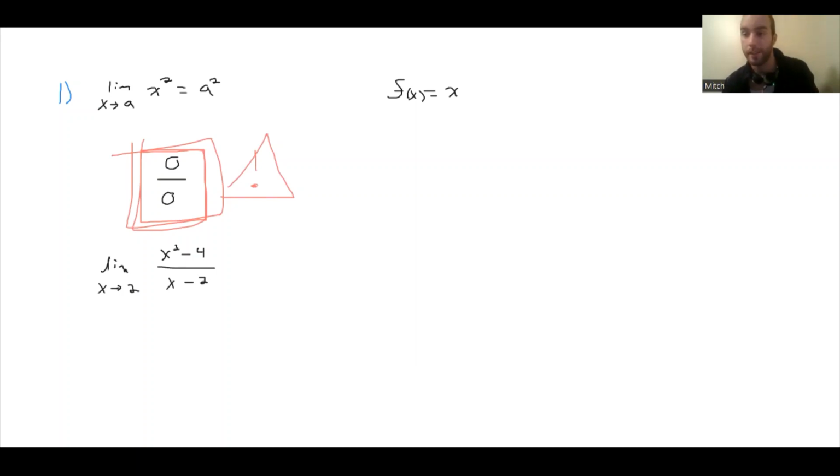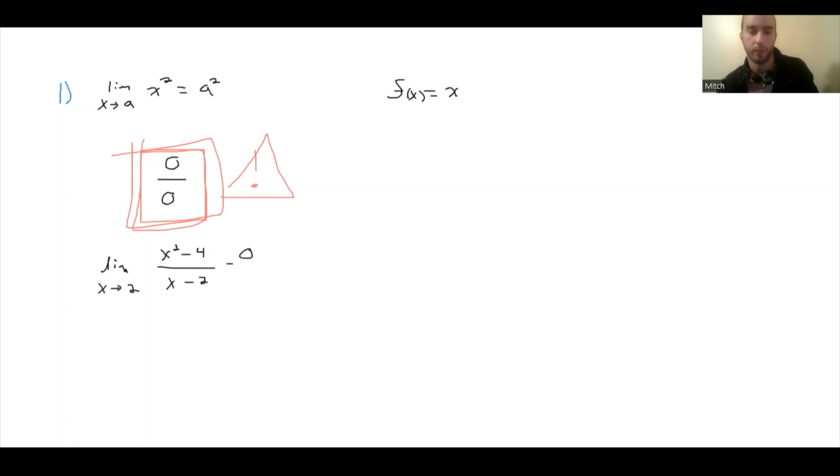Well, right here, if we just tried to sub it in, we would get 2 squared, that's 4, minus 4, we have 0 on the top, and then we have 2 minus 2, which is 0 on the bottom. Boom, red flags, this is not good, we need to cancel something out.